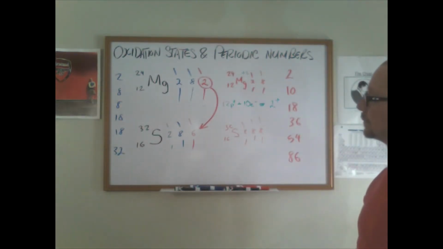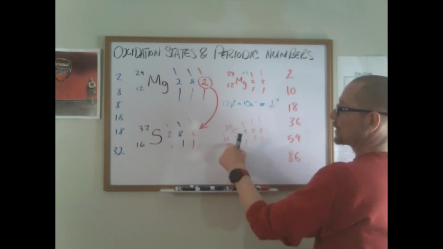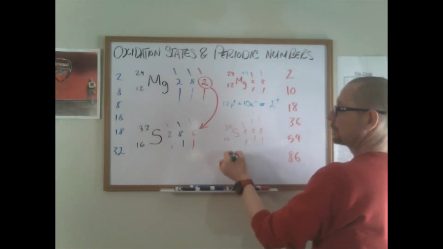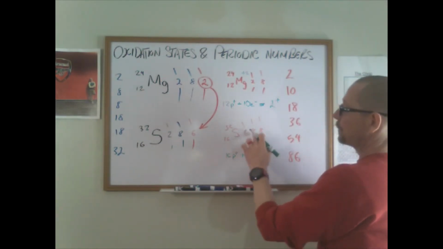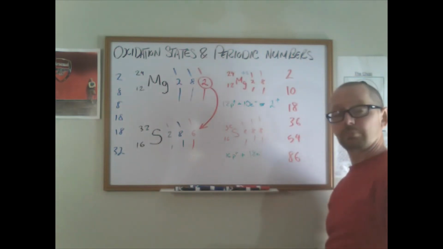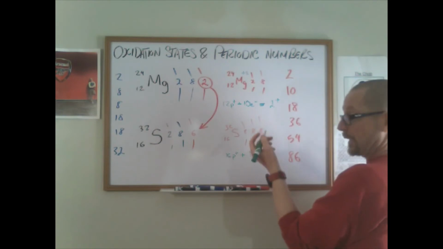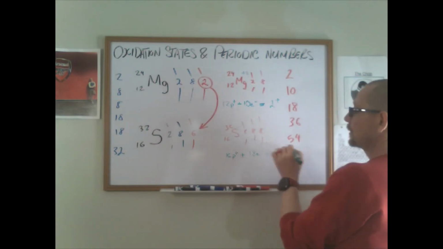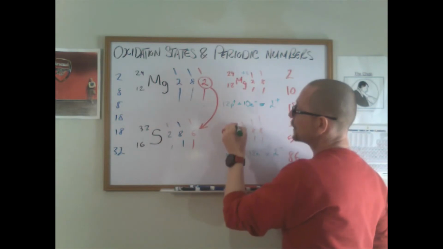I go down here to the sulfur, I do the same thing. I've got 16 protons, and 2 plus 8 is 18 negatives. 16 positives plus 18 negatives equals 2 extra negatives. So this has got a charge of -2.